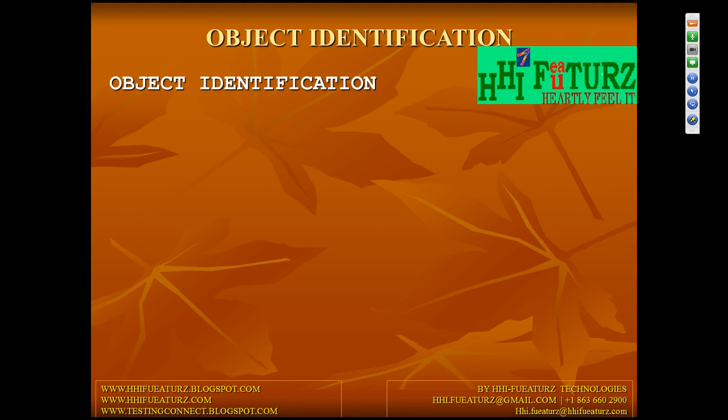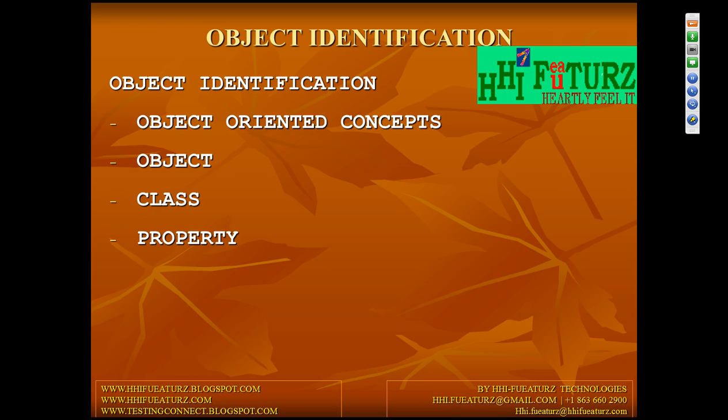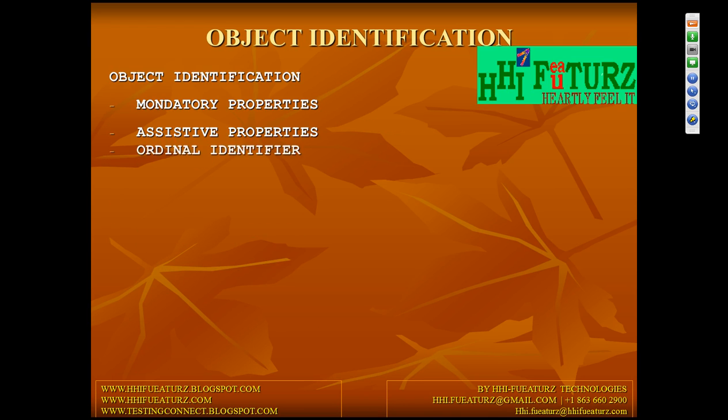Okay, so that is the mechanism QTP follows for identifying any of the objects. Initially it will look for a minimum number of properties. The minimum number of properties are nothing but class and label, or class and name.